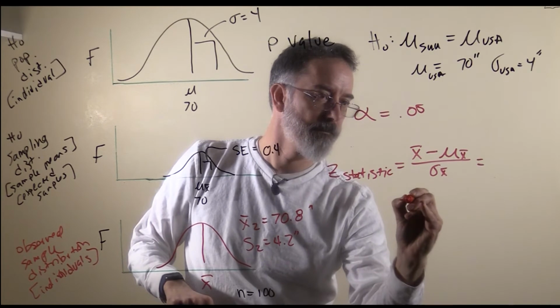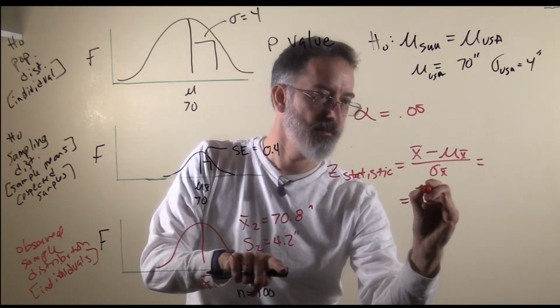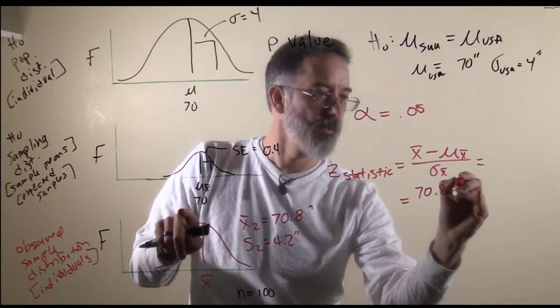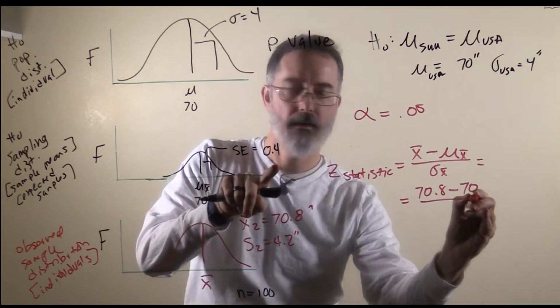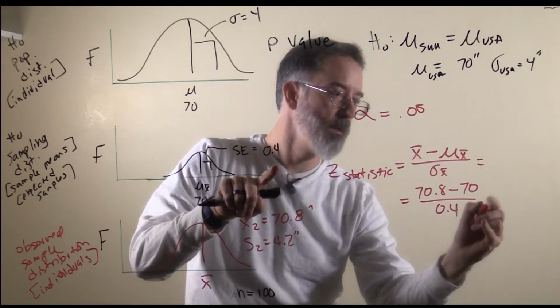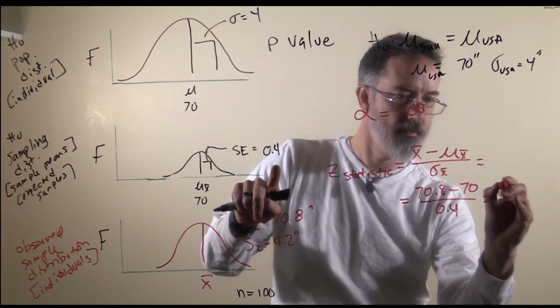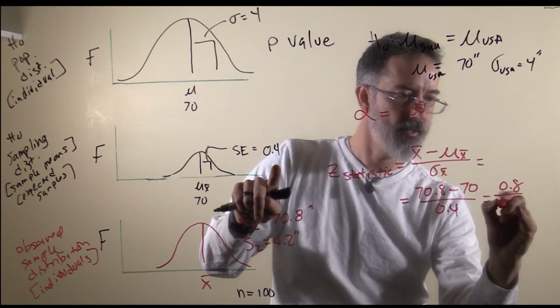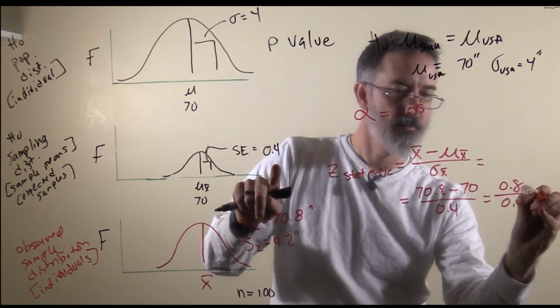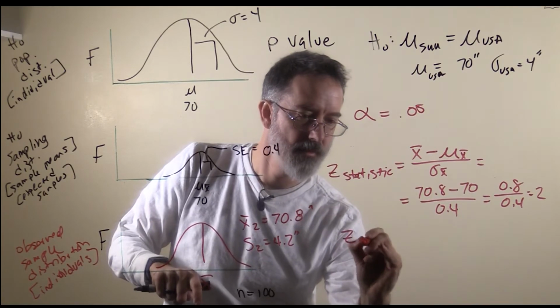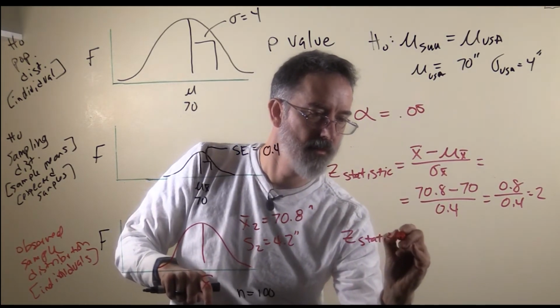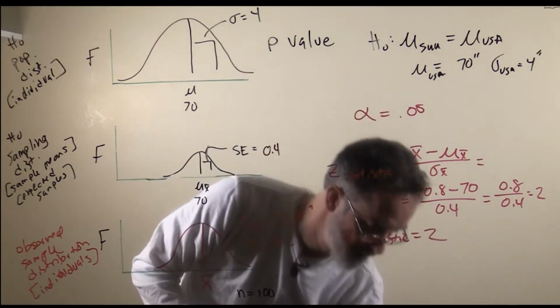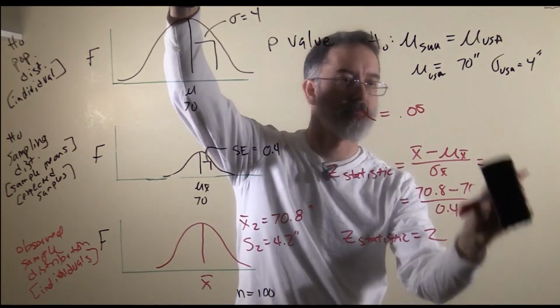All right. Our sample mean was 70.8 minus 70 divided by 0.4. So that's going to be 0.8 divided by 0.4. So here we have a z-statistic equals 2.